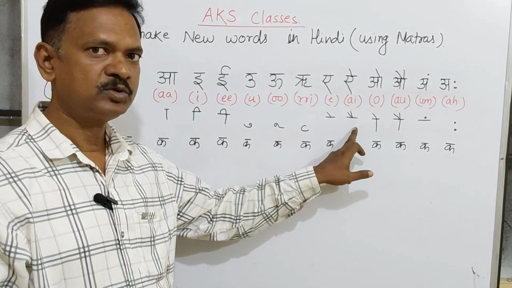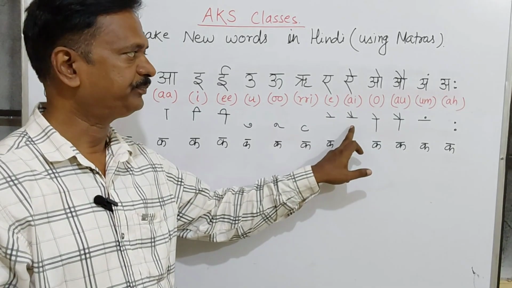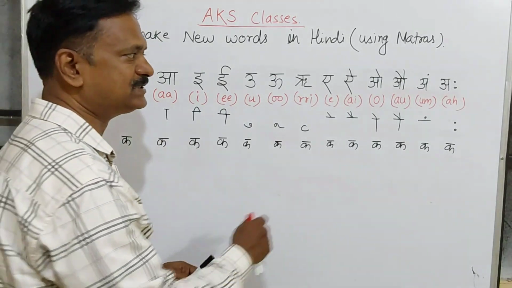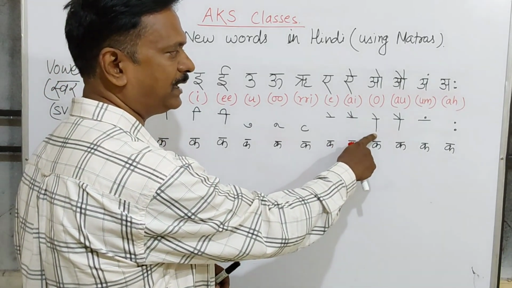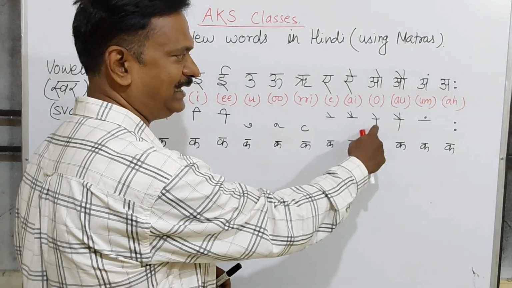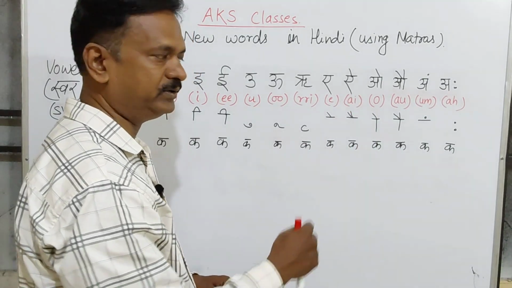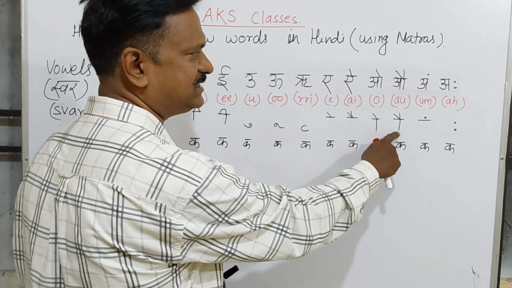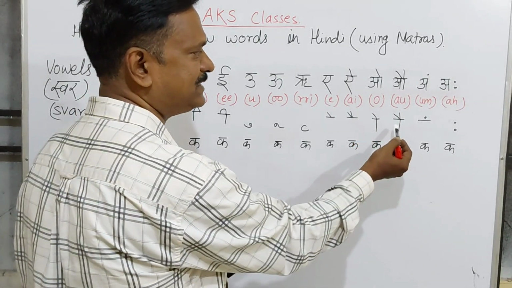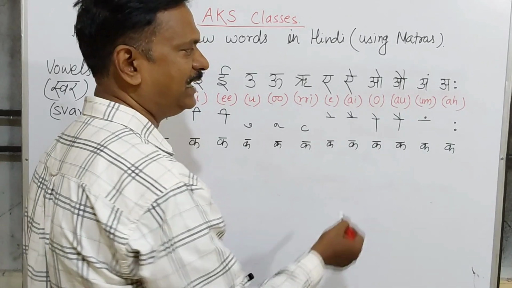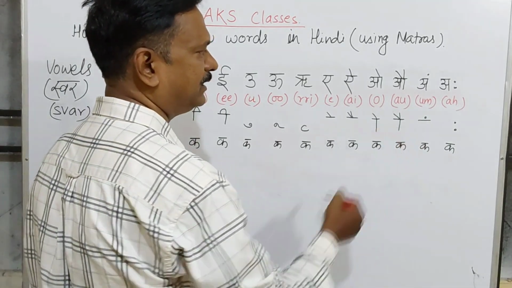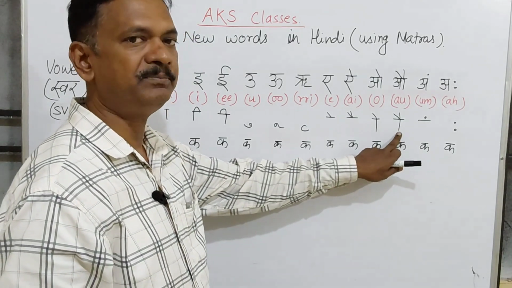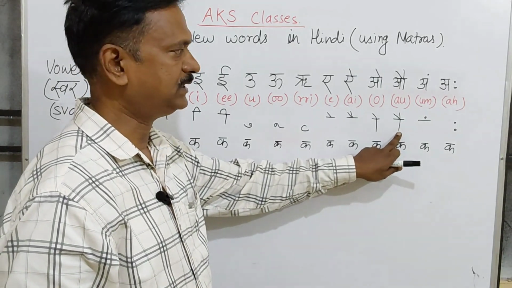Now o, the sound is o, and for this sound we add this matra: a straight line and one slanting line above this line. So this is called the matra of o. Next is au. For this there is a double slanting line above this horizontal line, and one vertical line is also there. This type of symbol is called the matra of au.